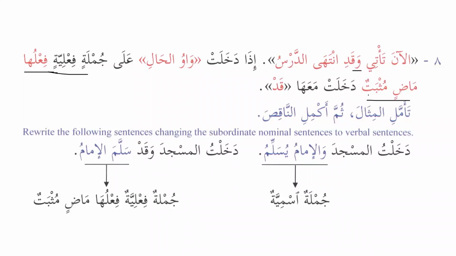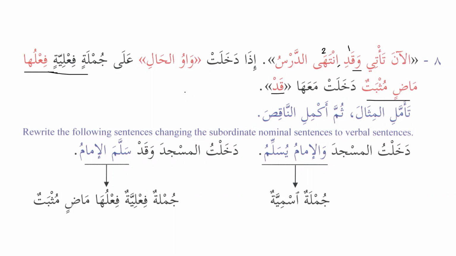But دخلت معها قد, it should also have قد with it. So what are the two conditions that we need? After waw, we need qad, an affirmative sentence, and it should be past tense. Someone has raised his hand. Intaha is past. If these two conditions are met, then we can say that this is waw al-hal.